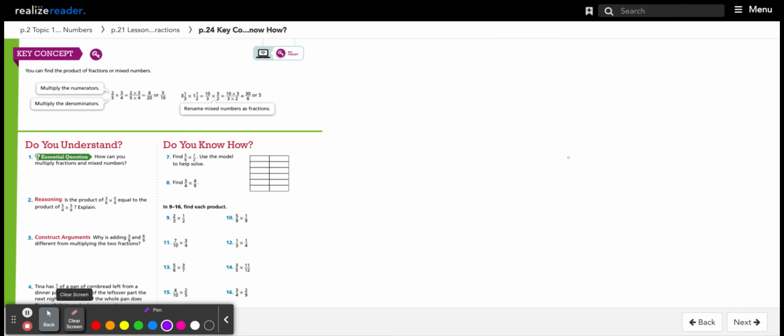Next one, let's try number 10. So in your notebook, you should write number 10: 5/9 times 1/9. Okay, so looking on the diagonal, 5 and 9, 1 and 9. Can I simplify one top and one bottom?